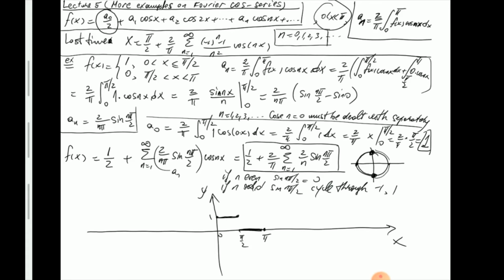Because the cosine function is even, the same series will cover, first of all, the reflection over the y-axis of the same graph. That means the even function corresponding to the left half of the interval, so between minus pi and 0. So it will cover this shape as well. I'm going to make it thicker like that so you can see it.